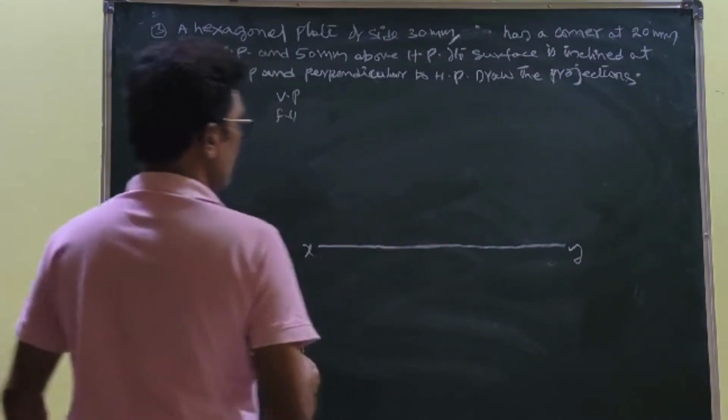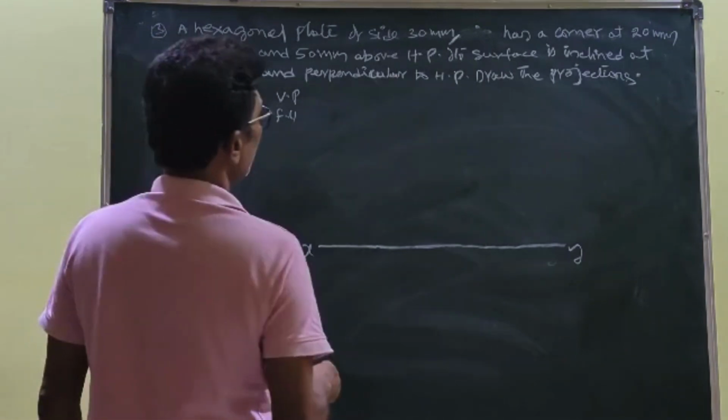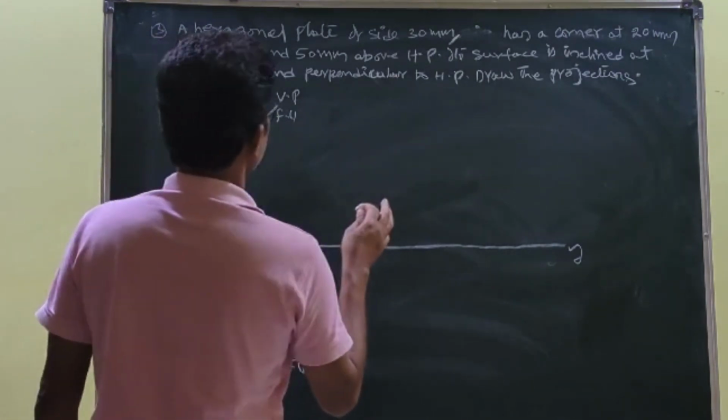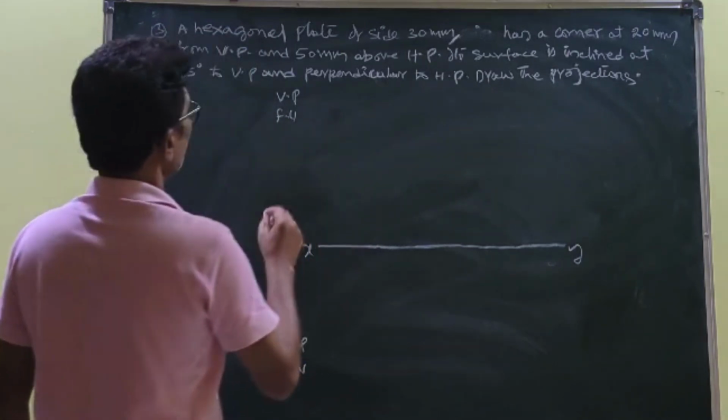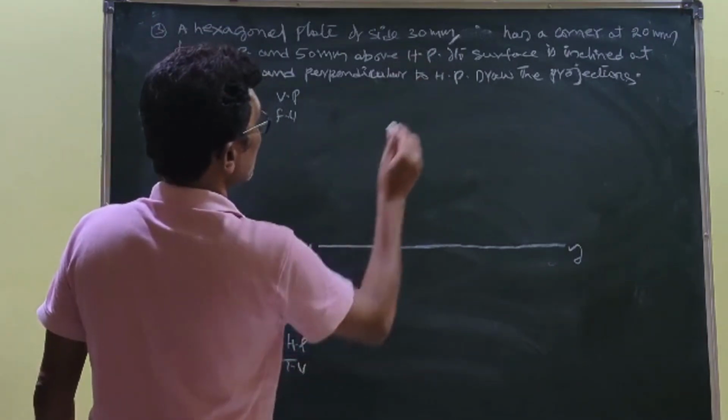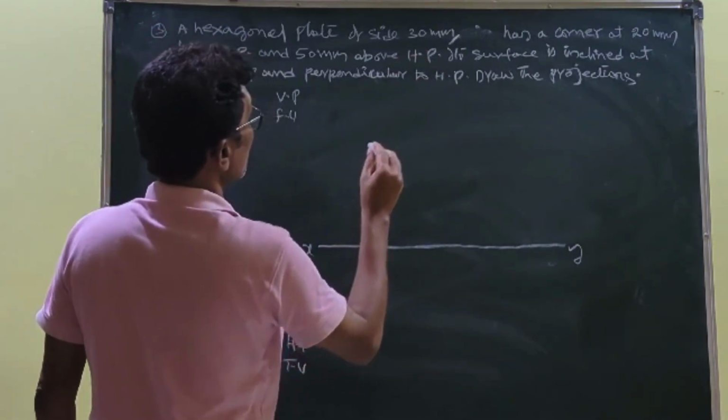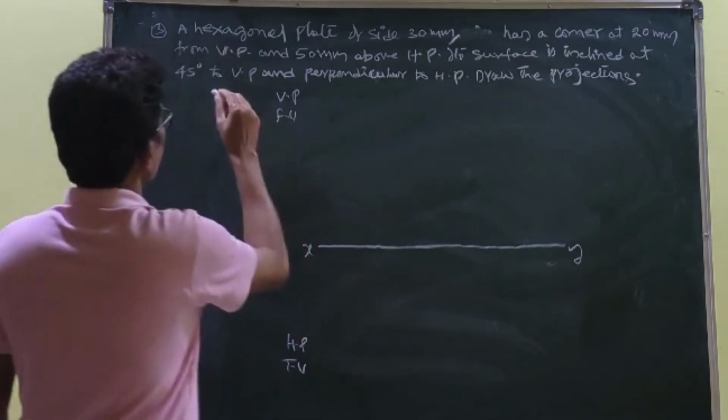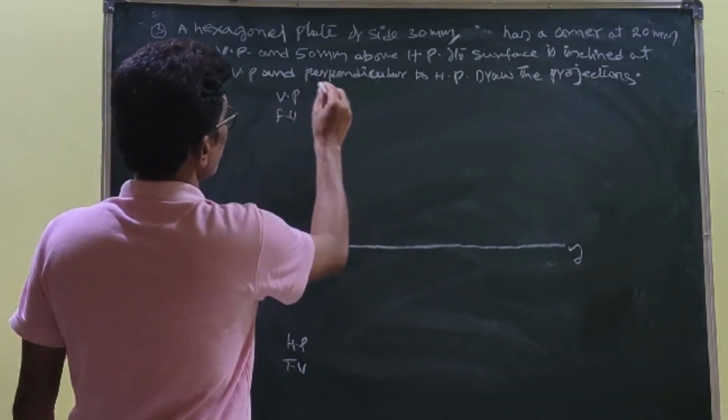You try to see here how to develop the front view and top view of this problem. The corner is 20 mm from VP and 50 mm above HP.